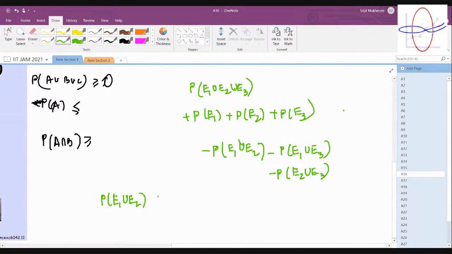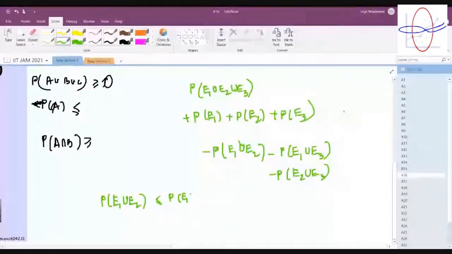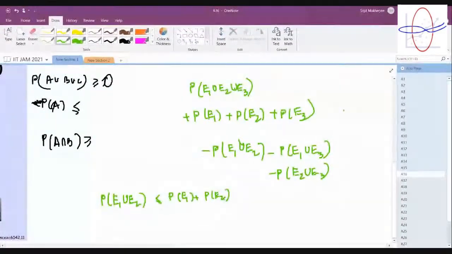The upper bound of E1 union E2 is less than or equal to probability of E1 plus probability of E2. I'm not sure if this will really work, but that is turning out to be negative, so it will not really work.